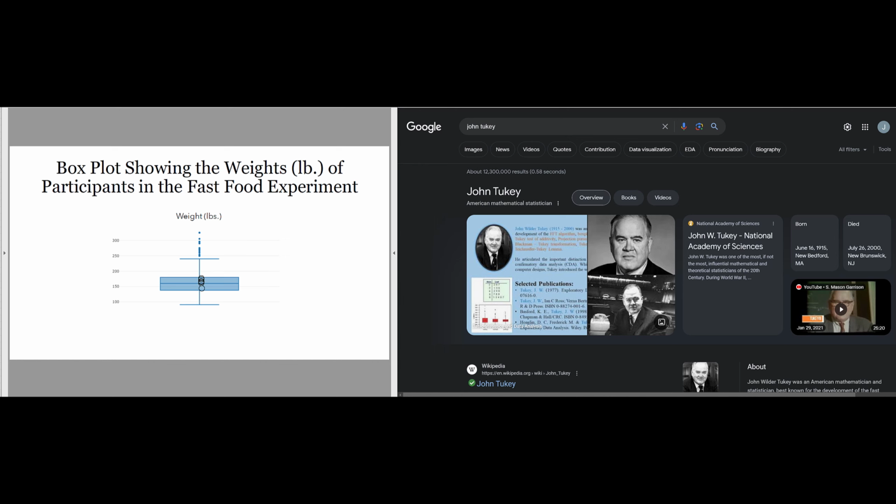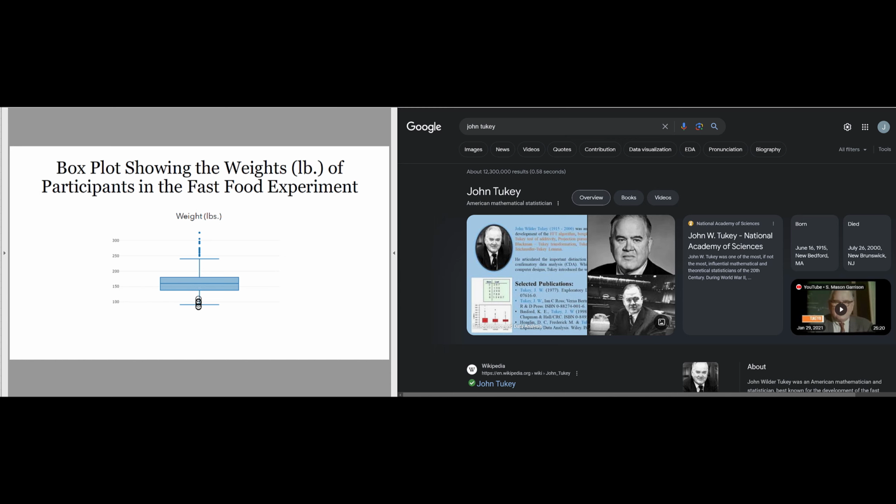The middle interquartile range goes from a weight of looks like about 135 or so up to a weight of, I'm going to guess, around 180 or so. So from about 140 up to 180, half of the people are in that range.